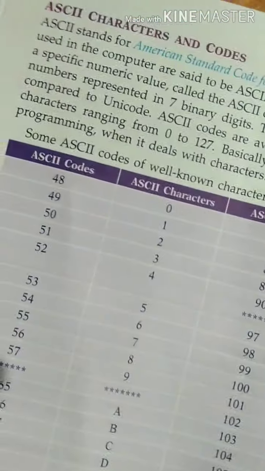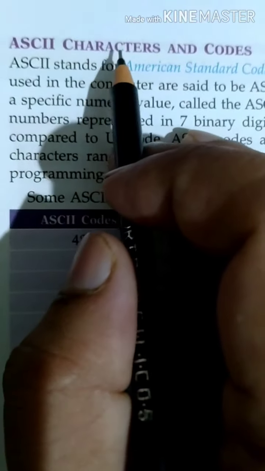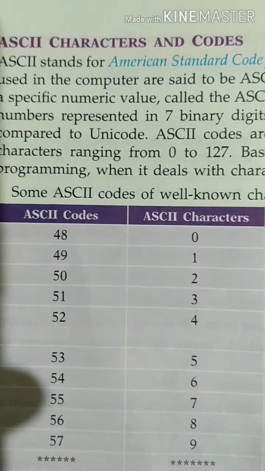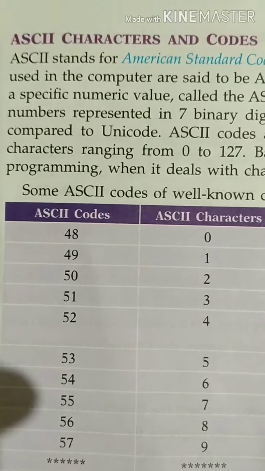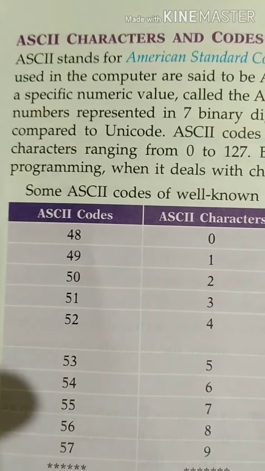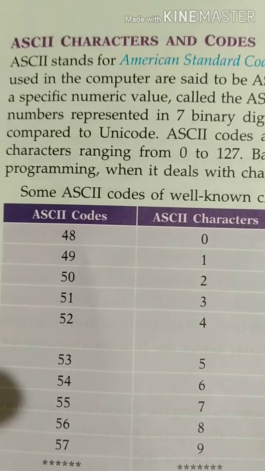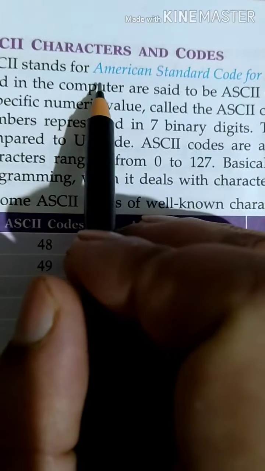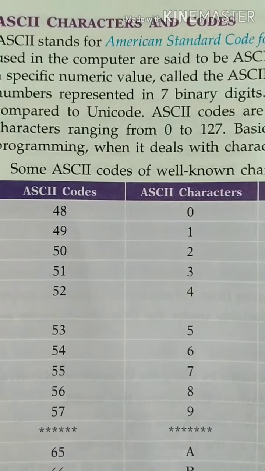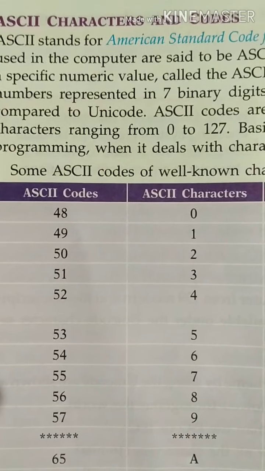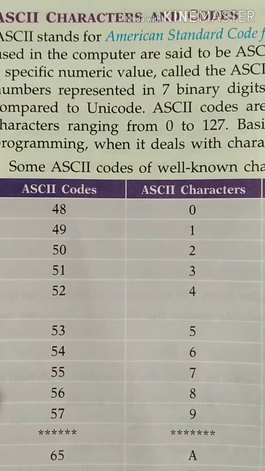Students, next you see this: ASCII characters and codes. First of all, ASCII stands for American Standard Code for Information Interchange. By the name it is clear that this was developed by America, and this code we are using largely nowadays.